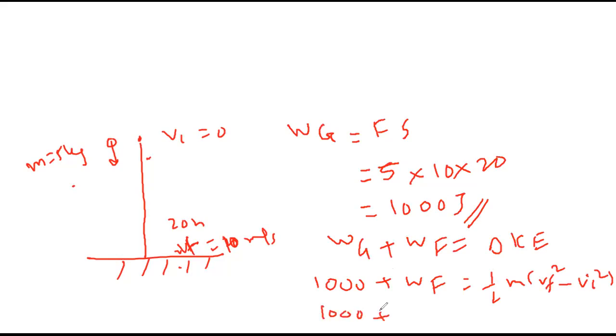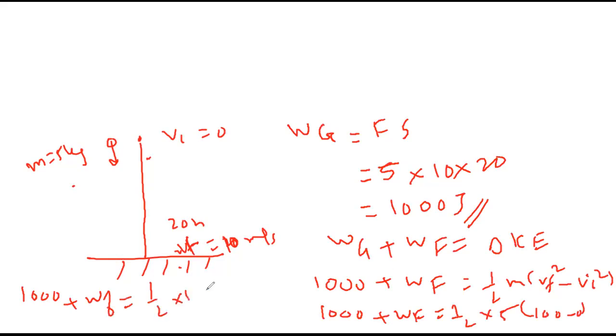So 1000 plus work of air friction is half into 5 into velocity acquired 10 square, 100, minus 0. So we'll get 1000 plus work by friction is half into 5 into 100, that is 250. Therefore, friction will become 250 minus 1000. So we are getting minus 750.